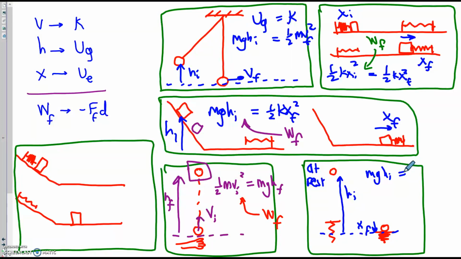At the final side, it converts into the energy of springs, 1/2 kx squared. And if there were friction or air resistance along the way, we would just add that work to what we started with. Of course, when I say adding, this work is negative, so we're really subtracting.